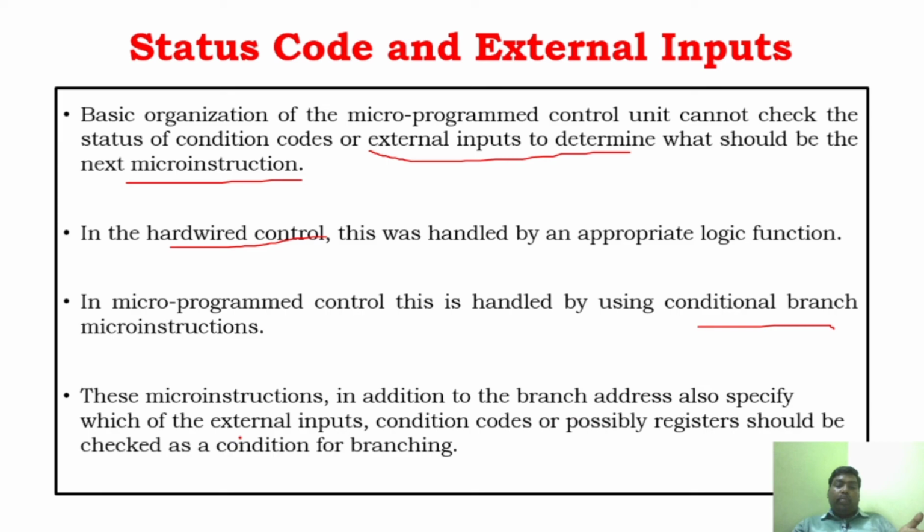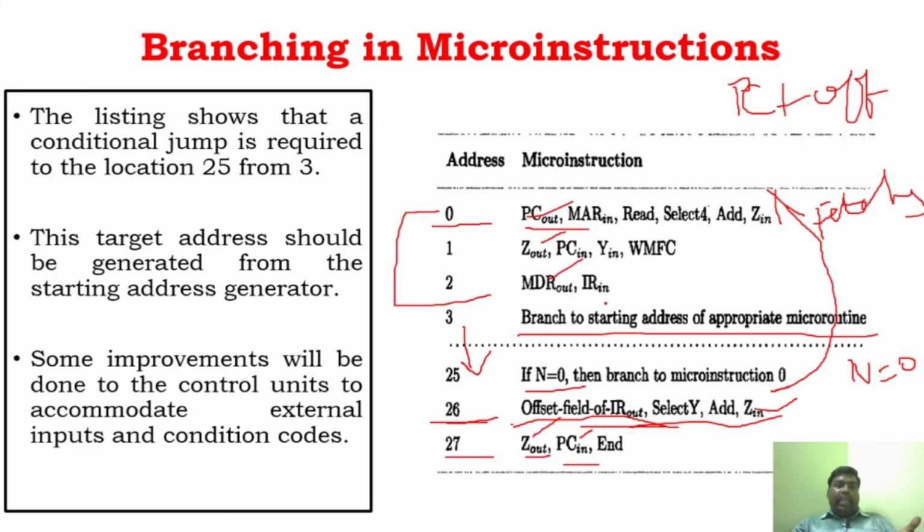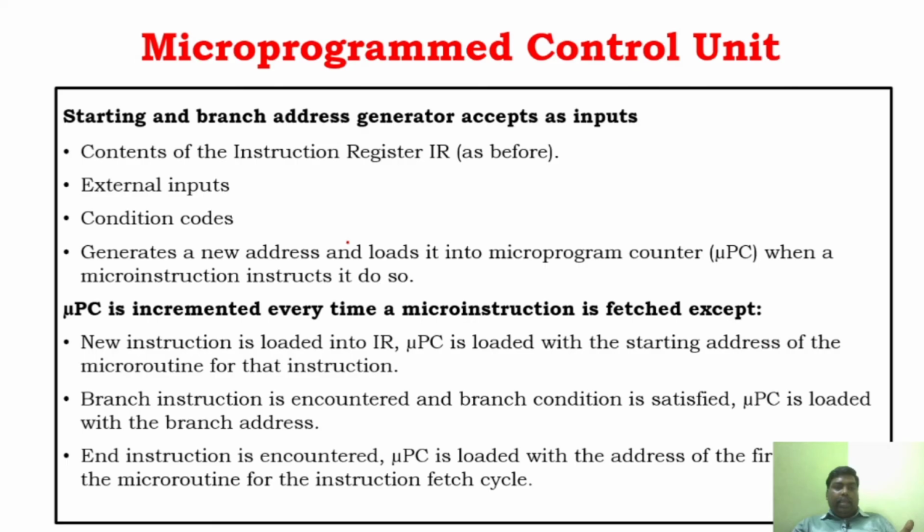That is why we have to modify with the external input, conditional codes and all those things. And I have already explained how it goes to location 25 and its target address. I already said the PC is incremented every time.